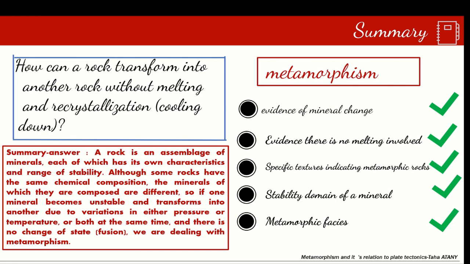And this transformation will metamorphose the original rock, called protolith, into a new rock, called metamorphic rock, without any change of state, without fusion and without cooling down. And here you have it, a simplified definition of metamorphism.